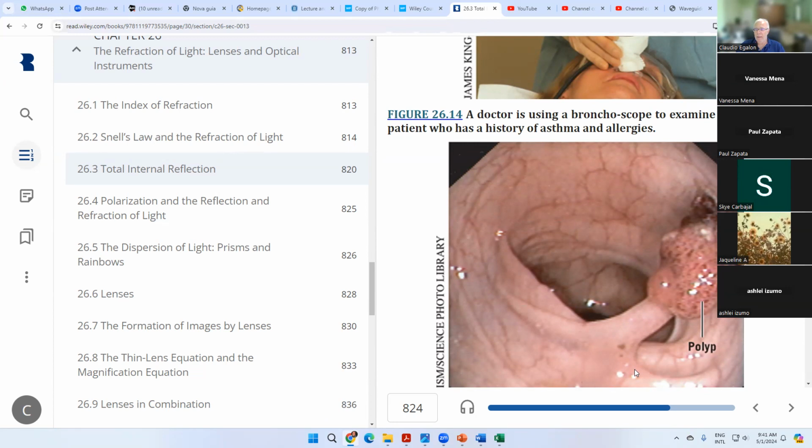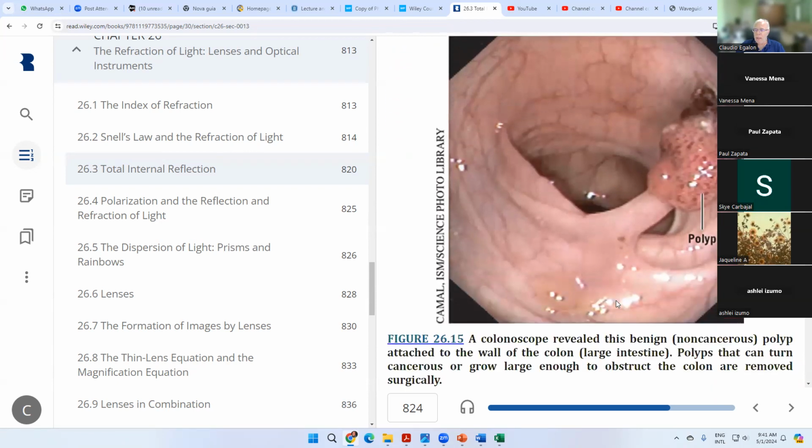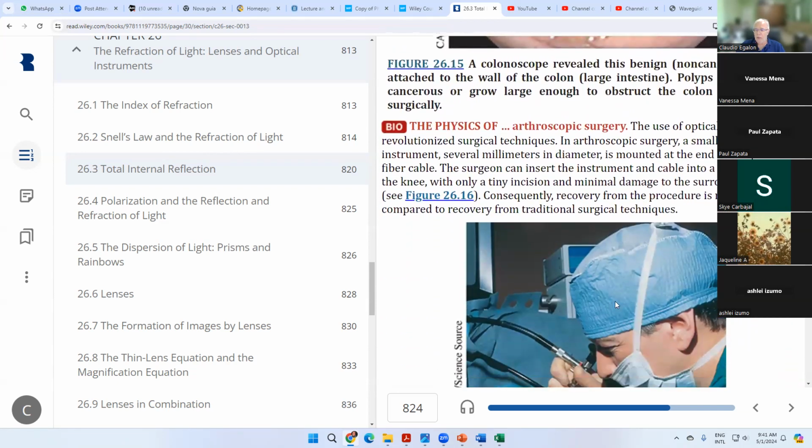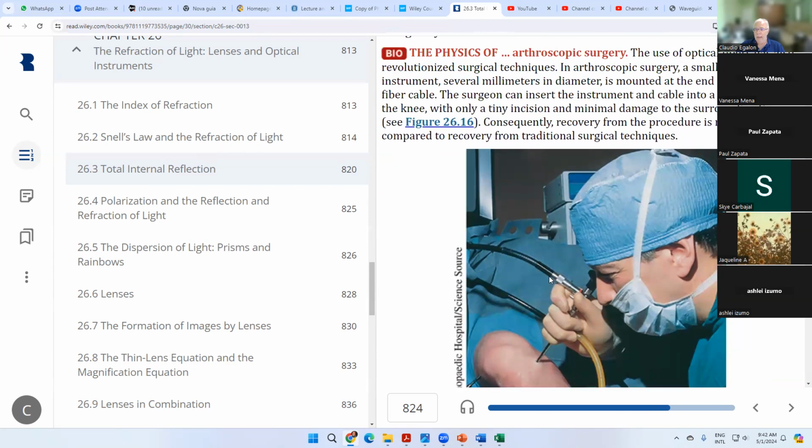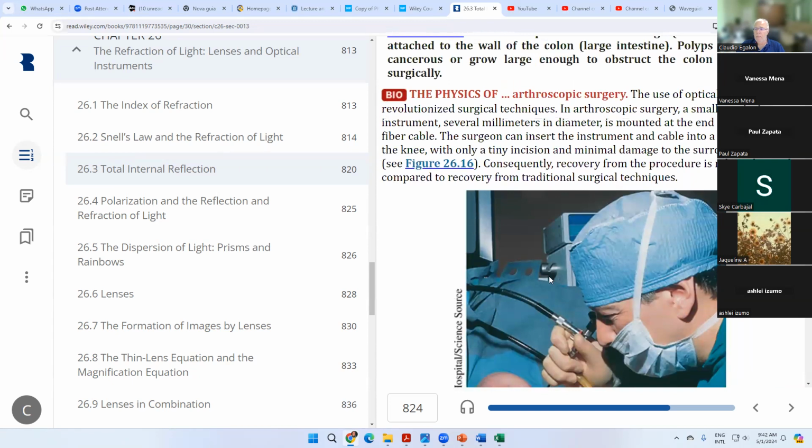Since most of you are in the life sciences, that should be interesting for you to know. Endoscopes, here you go. That's another application of the endoscope: the doctor looking inside the leg, arthroscopy surgery.